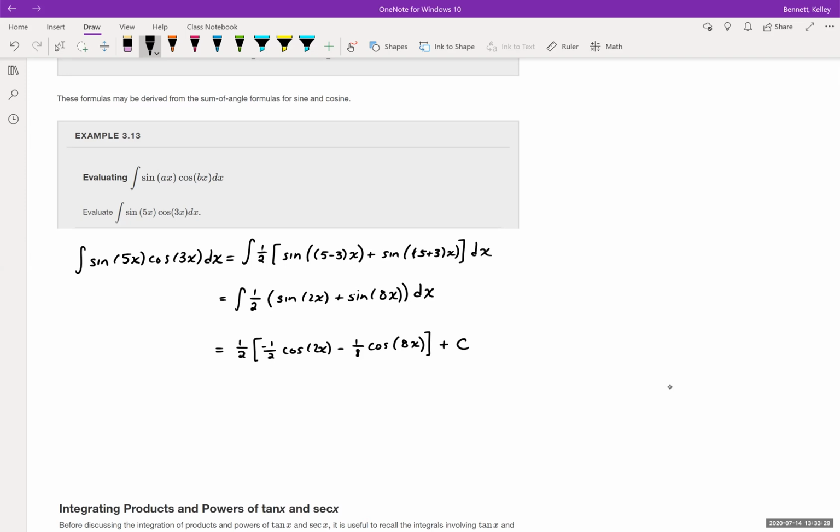Again, you always want to look at it, not always, most of the time you want to look at it in the lens of peeling off a single sine or a single cosine to get your du, and then converting everything else to be either sine or cosine, the opposite of what you peeled off.